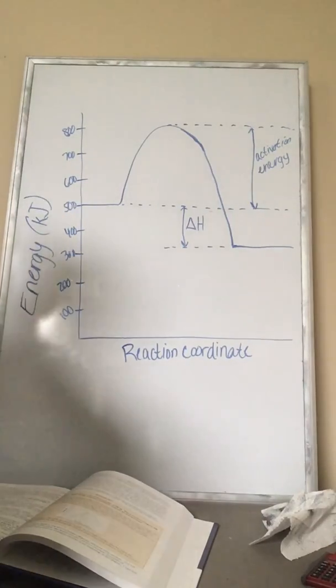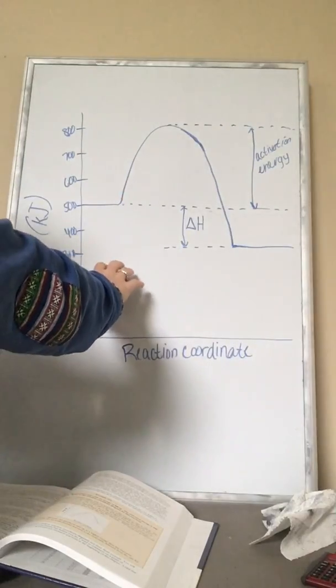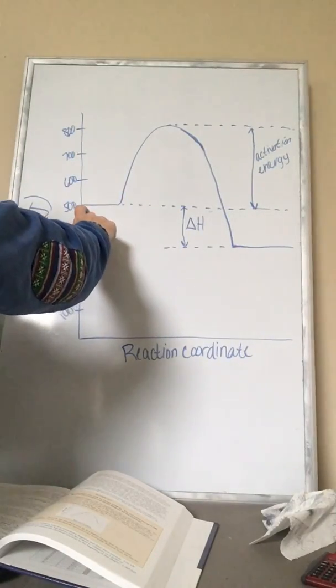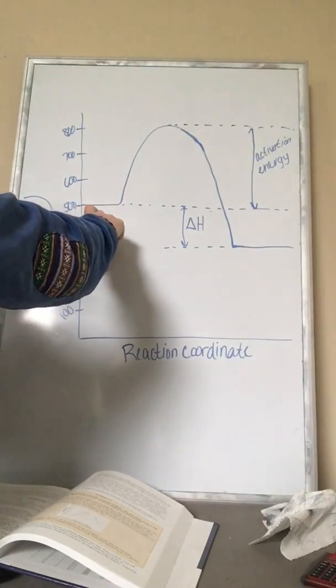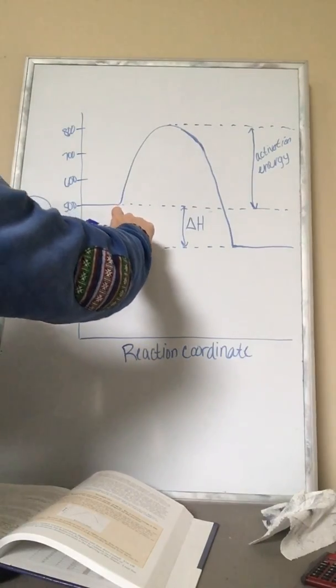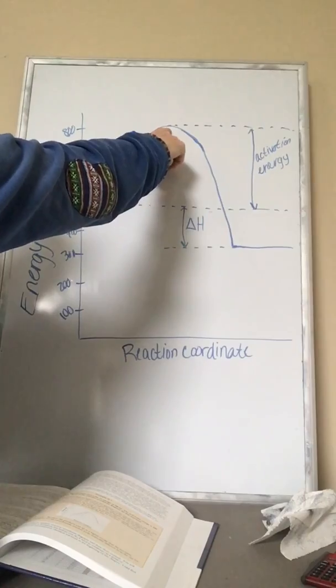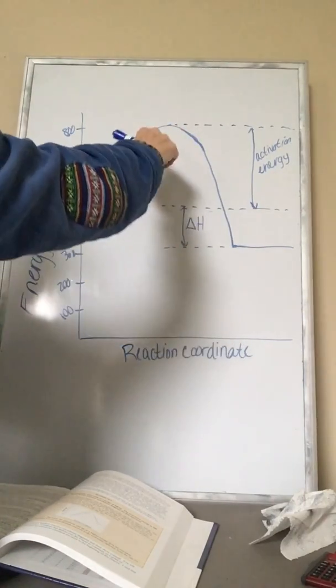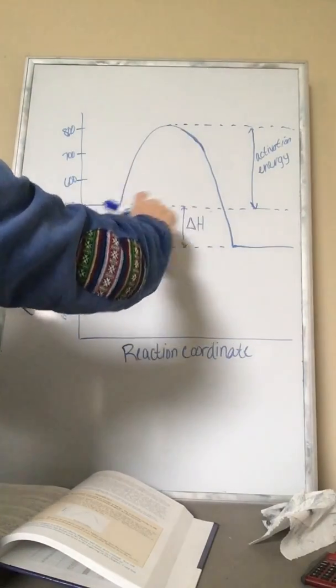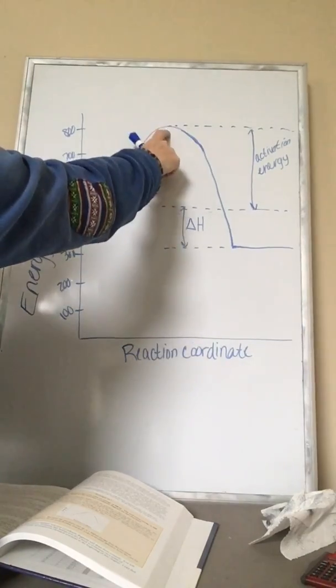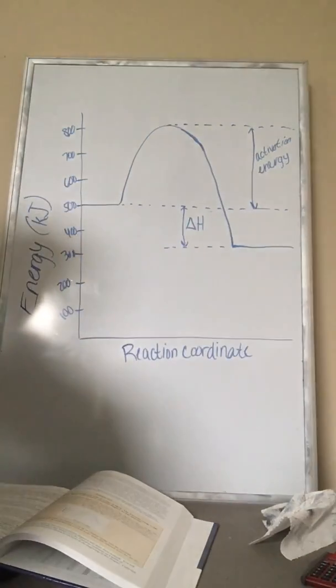Now, what this tells us, if we're looking at a diagram like this, is the reaction is starting, and once it starts moving up in energy, once it gets to the top of the hill, then the distance between where it started and the top of the hill is the activation energy.